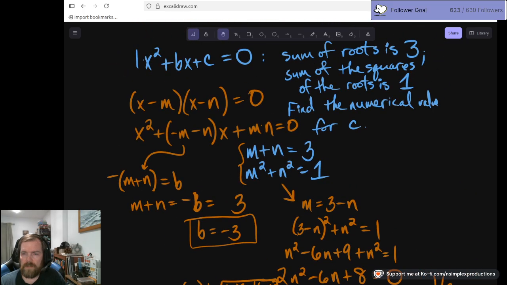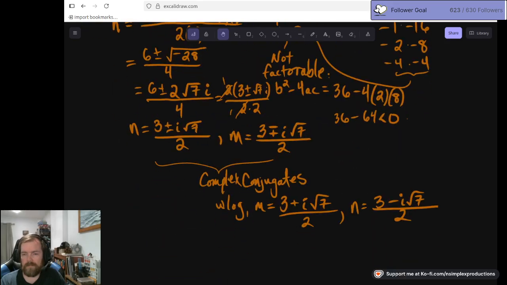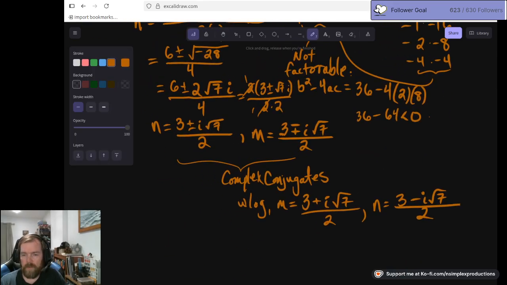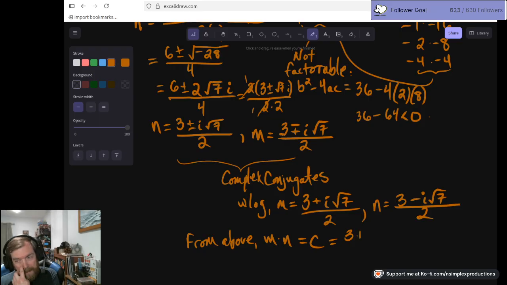All right, and then we said that mn is going to be c. So from above, m times n is equal to c, which is equal to 3 plus i root 7 all over 2 multiplied by 3 minus i root 7 all over 2.